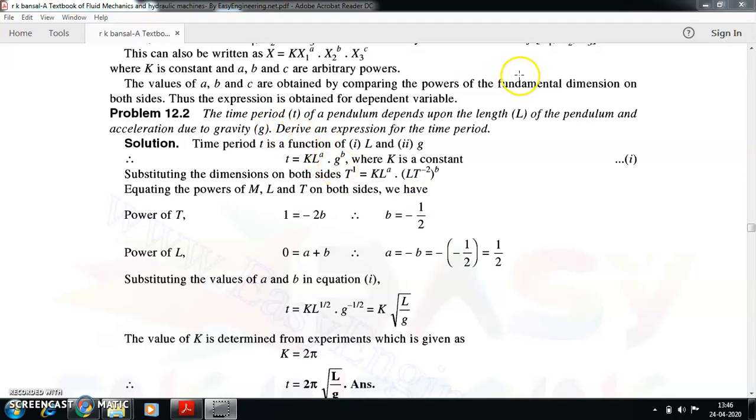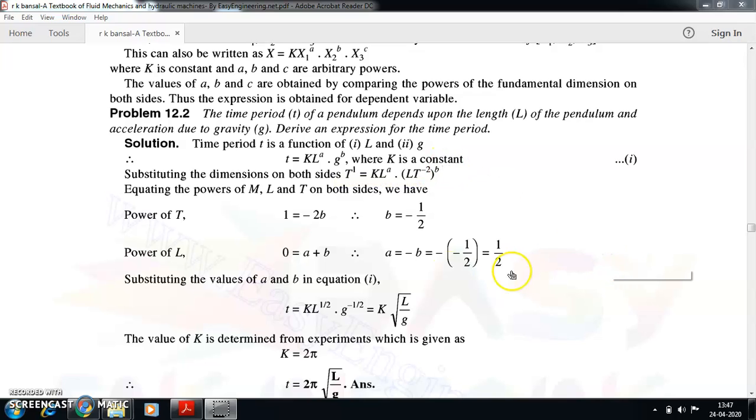It is similar to the earlier case where x was dependent on x1, x2 and x3, and we took x equal to a constant into x1 to the power of a, x2 to the power of b and x3 to the power of c. Similarly here, t is dependent on length and acceleration due to gravity, so t will be equal to k into L to the power of a into g to the power of b. k is a constant over here.